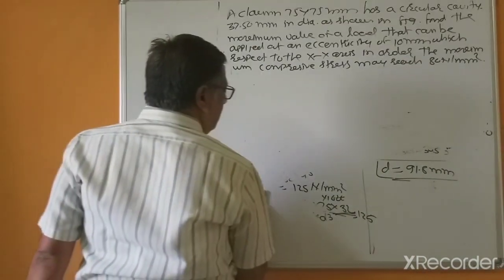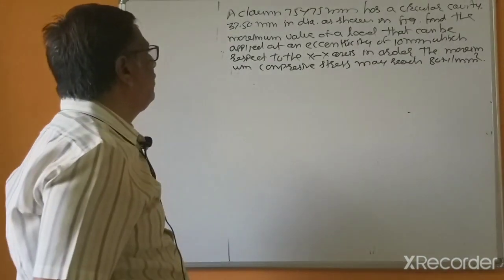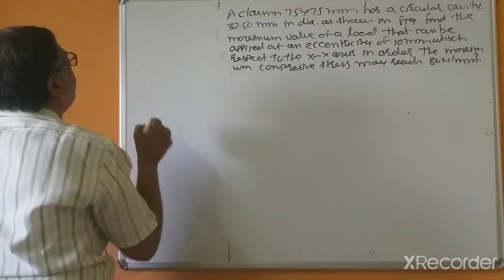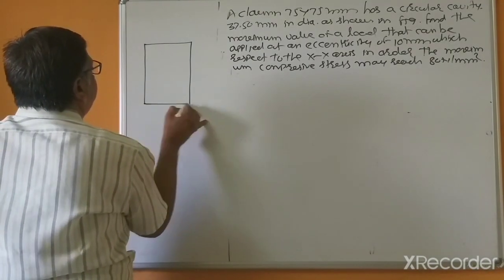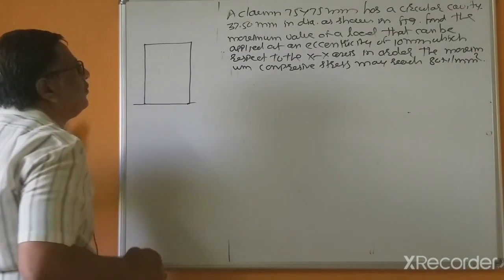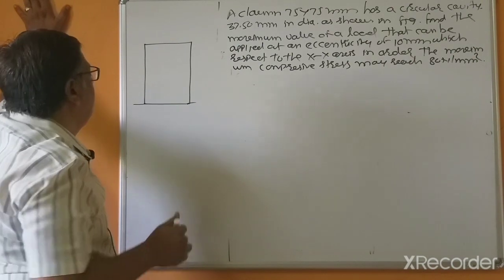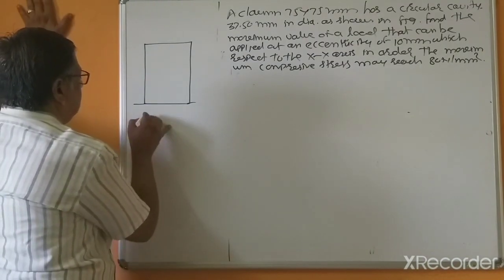Similar type of problems. I think a column 75 mm, but this is circular and this is hollow. This is circular cavity 37.5.